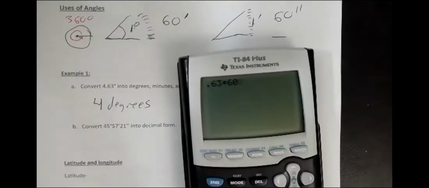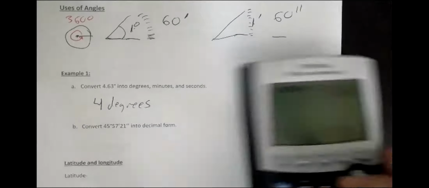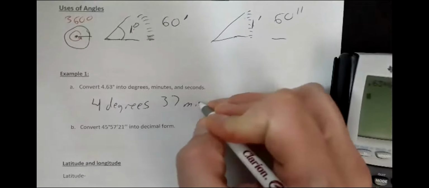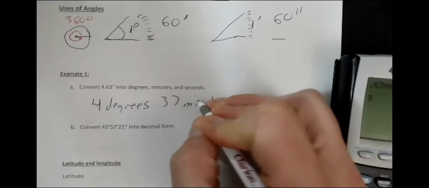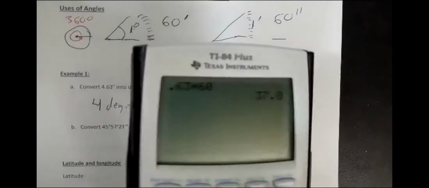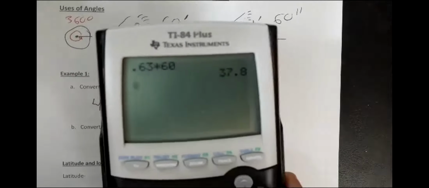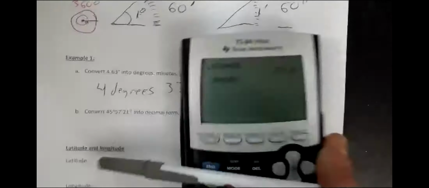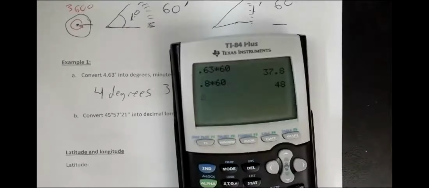So that's the conversion factor. And so that's going to give me something like 37.8. So I have 4 degrees, I have 37 minutes, and I still have 0.8 I have to account for. So 0.8, I want to know how many seconds that is. So it would be 48 seconds.